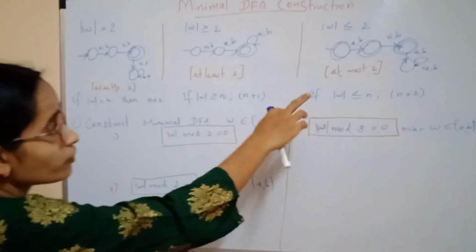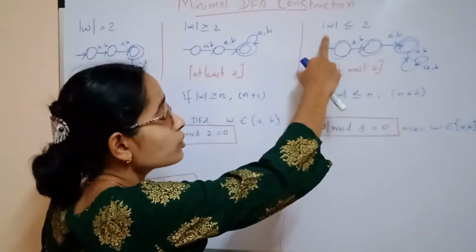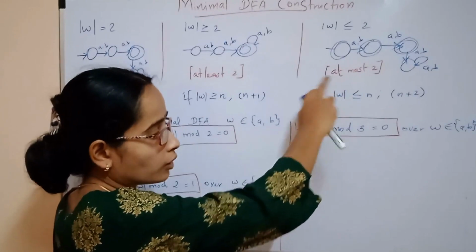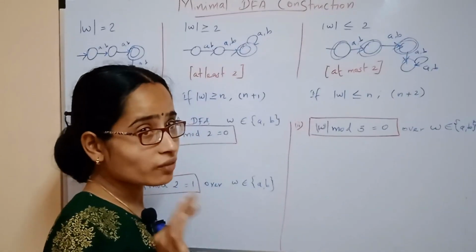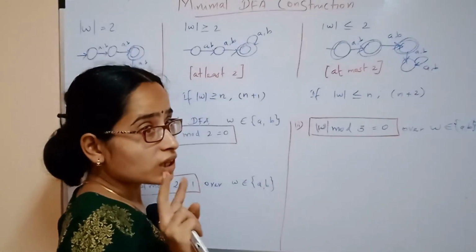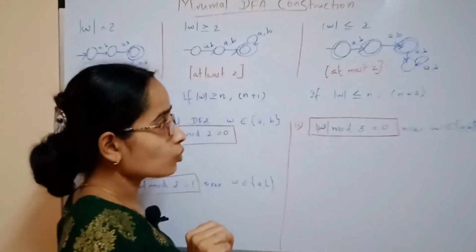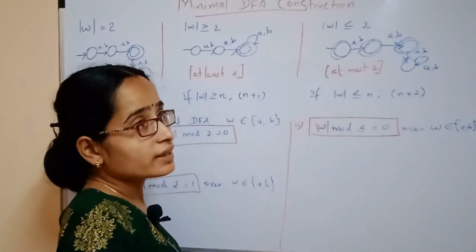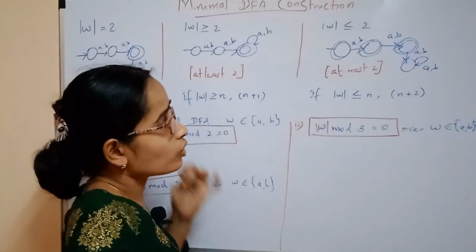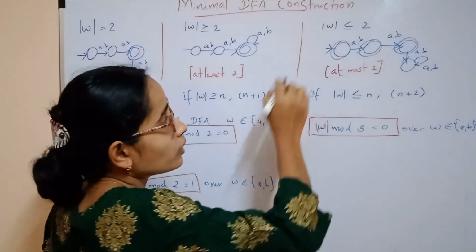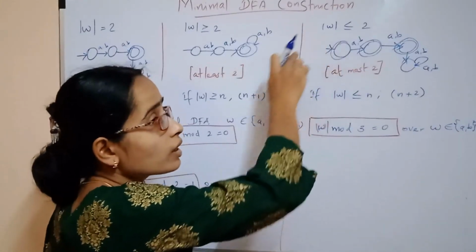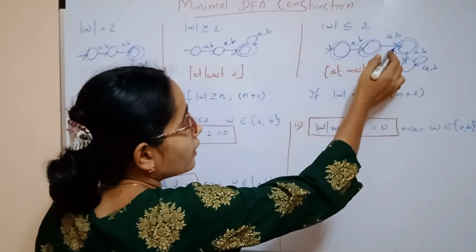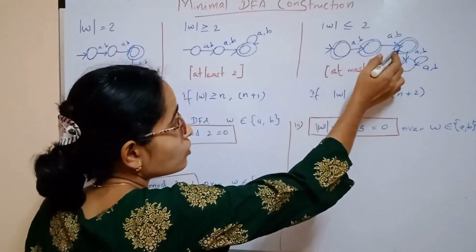But when the length of w is less than or equal to 2, it means at most 2. The finite automata will accept at most length 2. So even the null string you have to accept, and a string of length 1 you will accept, and a string of length 2 you will accept.